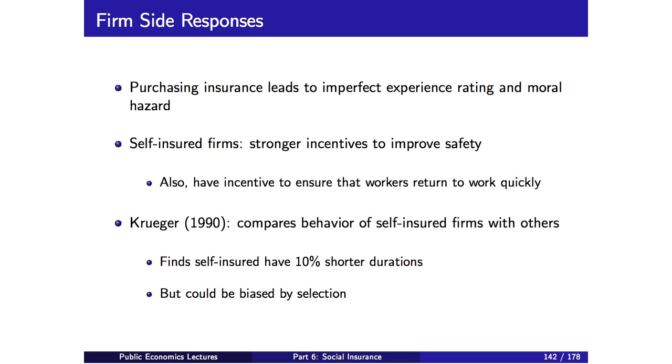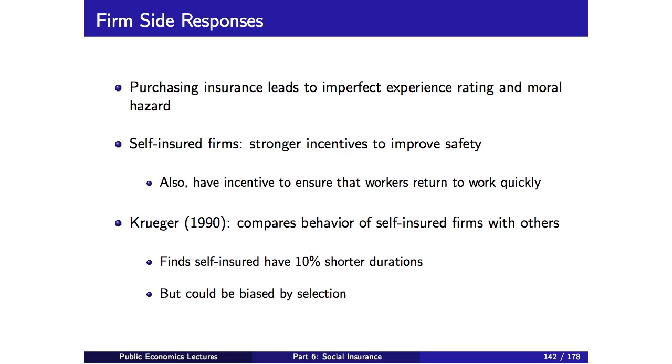So you can study this question empirically as well, right? You can ask how important are these firm-side distortions, and Alan Krueger does that in a paper in 1990, where he essentially compares the behavior of self-insured firms with firms that have arm's-length insurance. And he finds that self-insured firms do in fact have workers who get injured less and stay out of work for less time. But is that compelling?